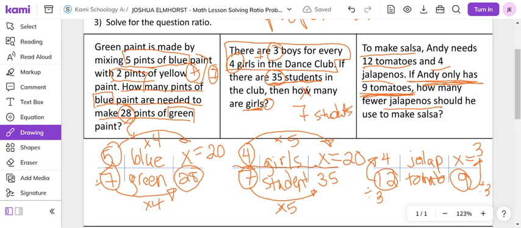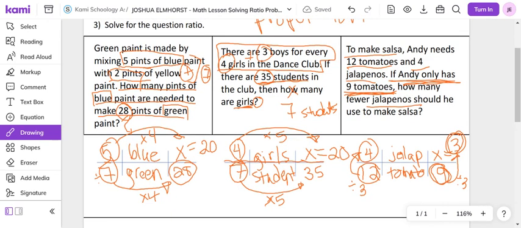He should only use 1 less jalapeno because for this salsa, there's 12 tomatoes, 4 jalapenos, and then there's 9 tomatoes and 3 jalapenos. So how many fewer jalapenos should he use? He should use only 1 less.